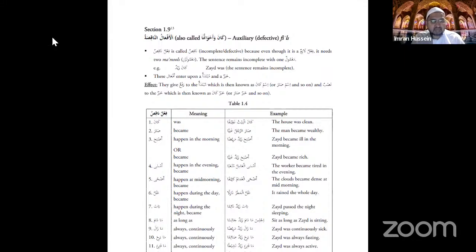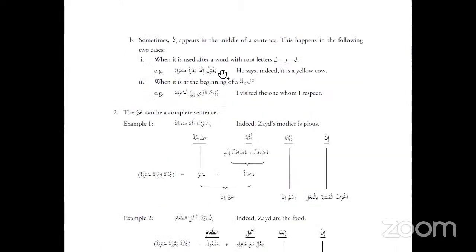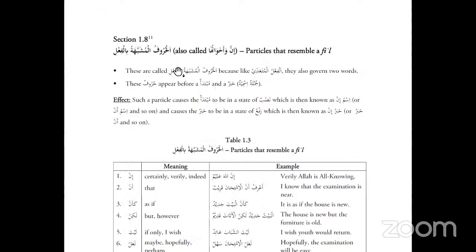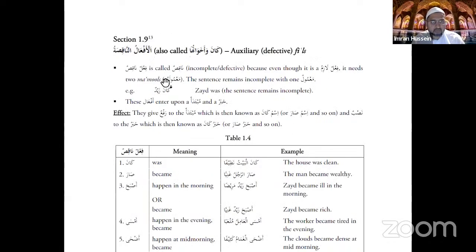So this is about Laysa. Laysa does the same action as Kana. Af'alun naqisa. The Kana and its sisters are called Af'alun naqisa, defective verbs.